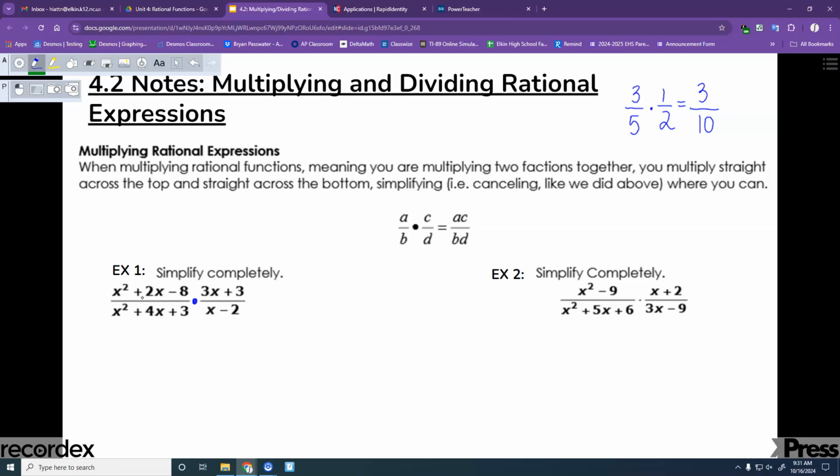So over here, I'm just going to take each piece at a time and try to factor it. So, x squared plus 2x minus 8. I'm going to have 2 sets of parentheses. I'll have an x here and an x here. What number should I use to get negative 8? What signs?